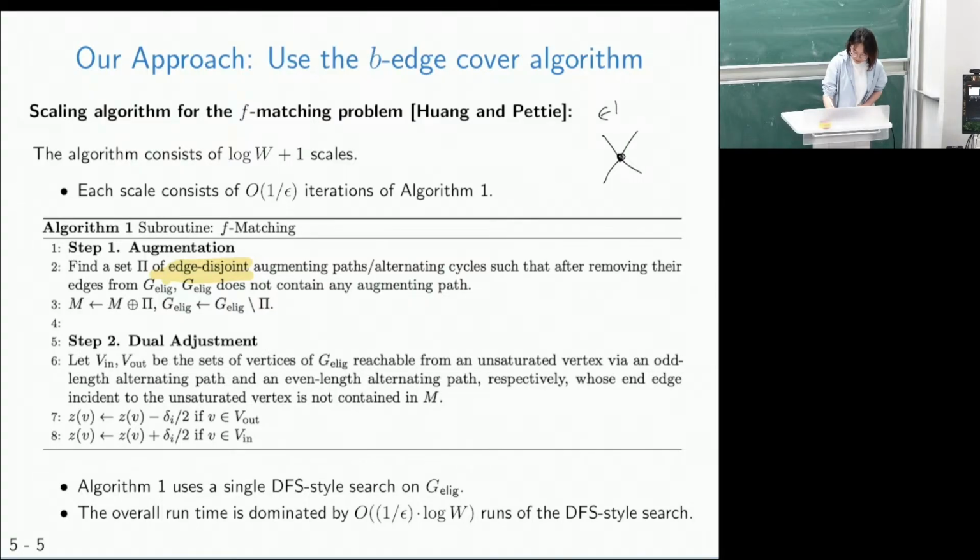Those edges are in M, and those edges are not in M. And it is possible that one augmenting path intersects this center, and the second one intersects the second one. So the number of augmenting paths containing a single vertex can be F of v. So we need to visit the same vertex multiple times.